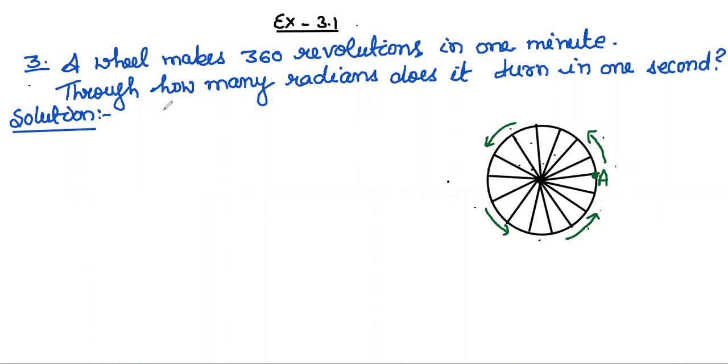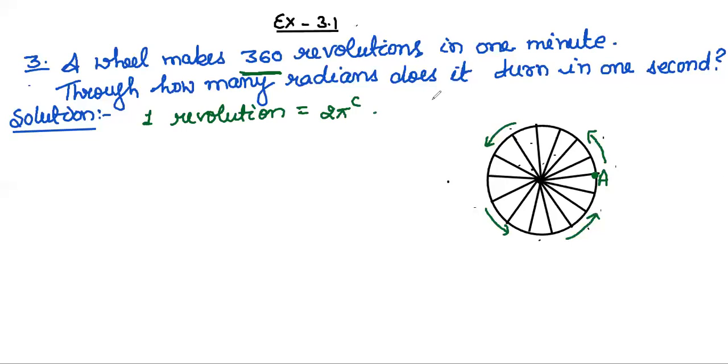Okay, so we will start with this point, 360 revolutions. I have drawn here, the point is A. Starting point is A, and after completing one revolution, again the point is A. So here we will write one revolution. We know that one revolution equals 2 pi radian.